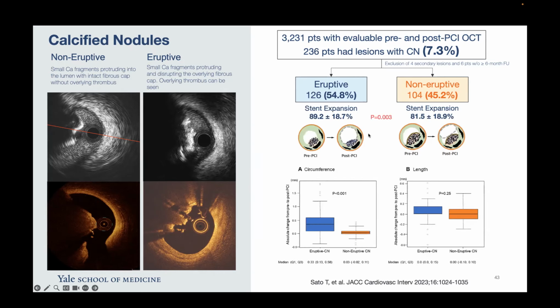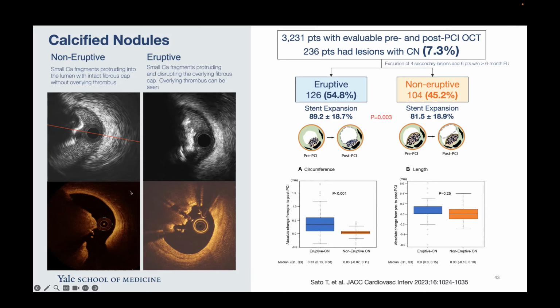These authors also demonstrated that eruptive nodules can be better expanded when you stent them, as opposed to non-eruptive. So non-eruptive are the chronic nodules, smooth surface. This generates less expansion. And when you look at the circumference of the vessel, we can deform. So you can have better circumferential expansion when you're dealing with eruptive. So you can have a more circular stent after it's stented, as opposed to the non-eruptive nodule where you have a more elliptical shape of the stent.